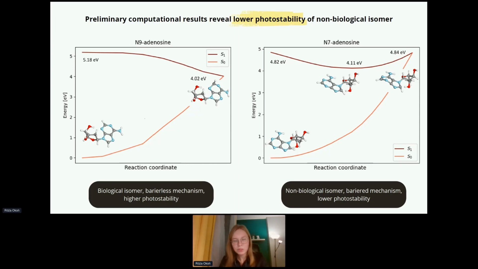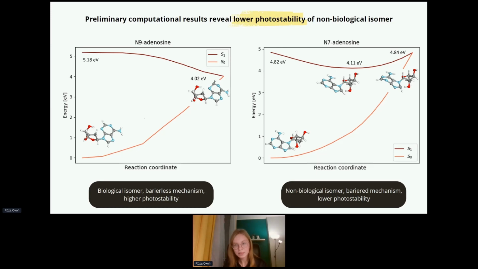And this comparison of lifetimes can also lead us to conclusions about photostability, because it is an important premise that indeed N9-adenosine will be much more photostable, and it could work in the way we are thinking, that UV radiation could just eliminate the less stable N7-adenosine from the early Earth environment.